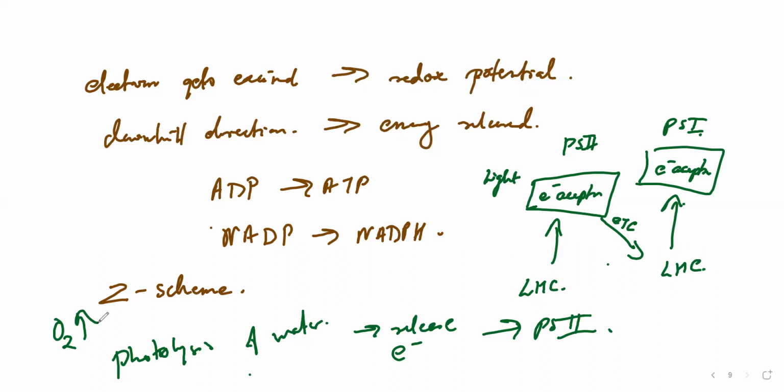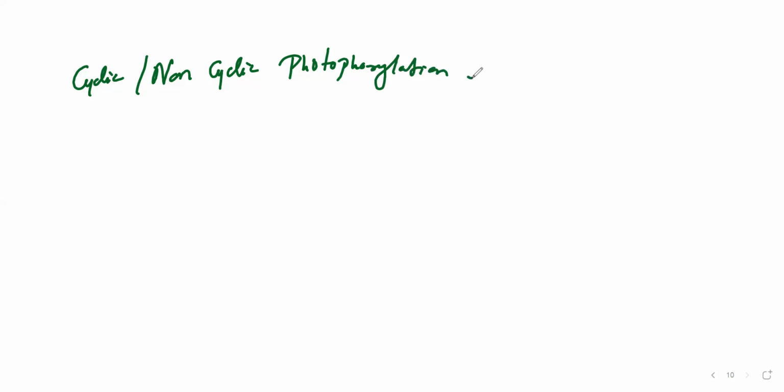Okay, so this can also be called cyclic or non-cyclic photophosphorylation. In the non-cyclic, the first step will happen, and then the cyclic is for the PS1 and this is for the PS2.